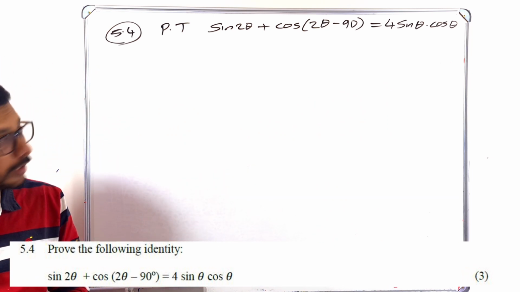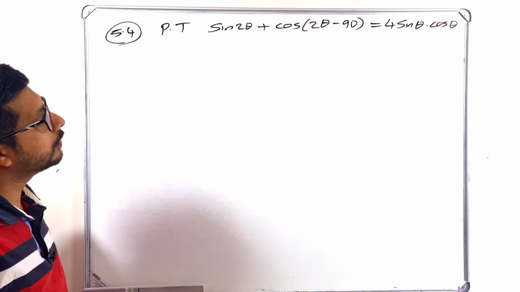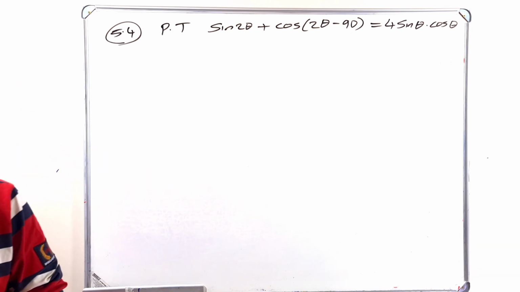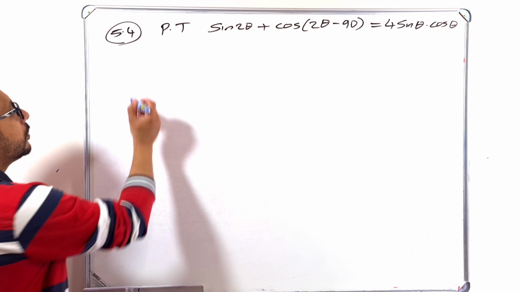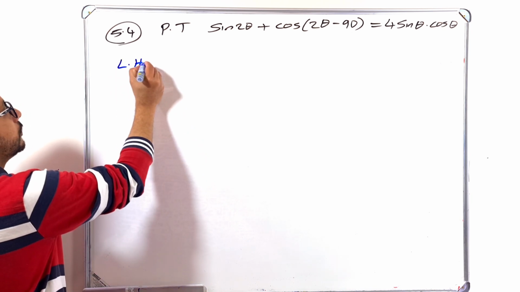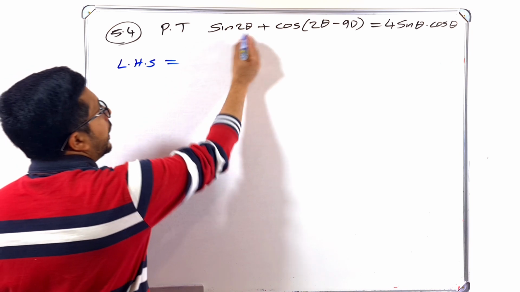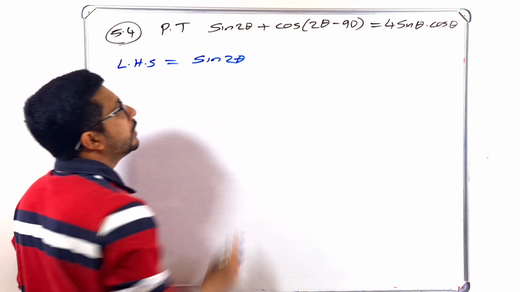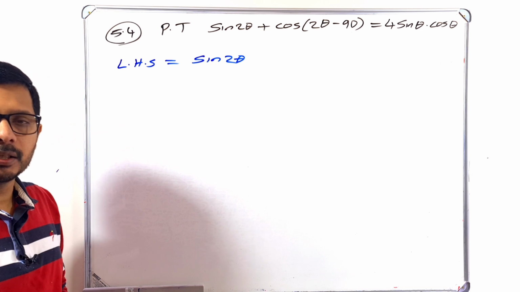So what is the left hand side? Sine 2 theta plus cos (2 theta minus 90). Okay, so left hand side is equal to sine 2 theta. We can do it later, that one. Then what about this 2 theta minus 90?